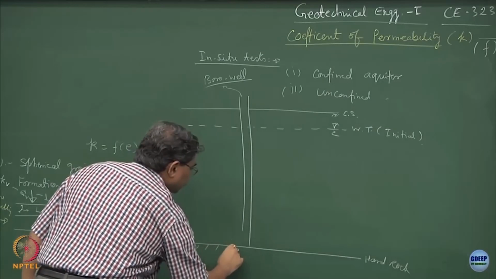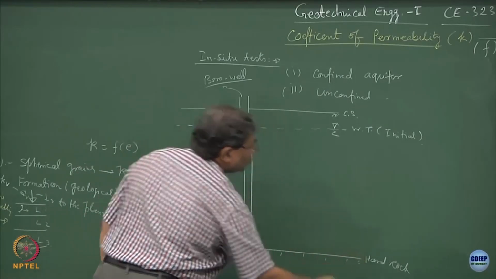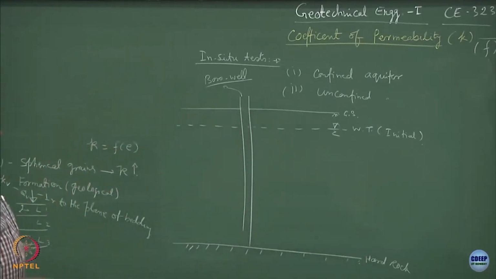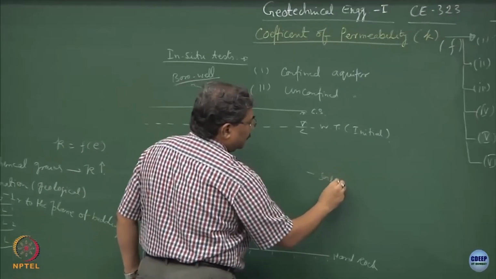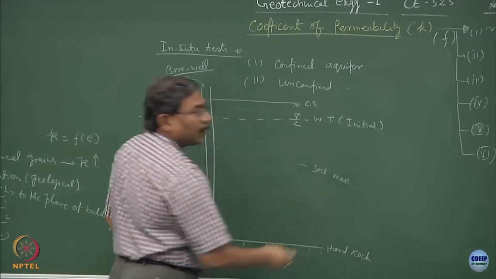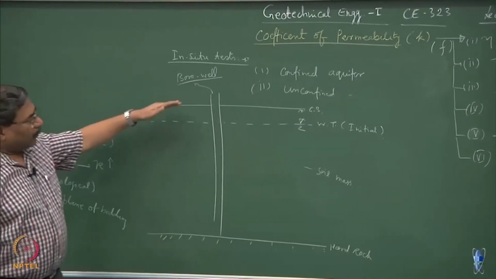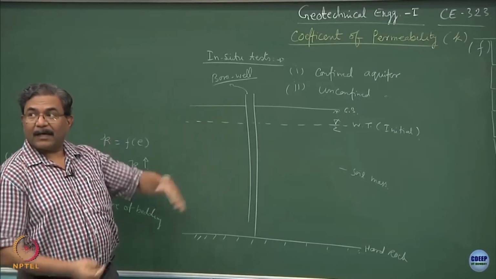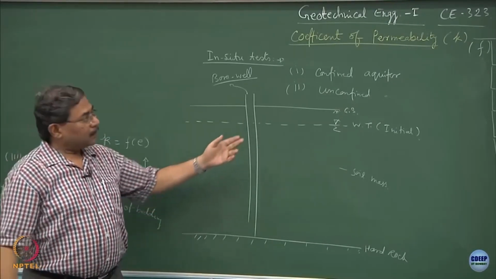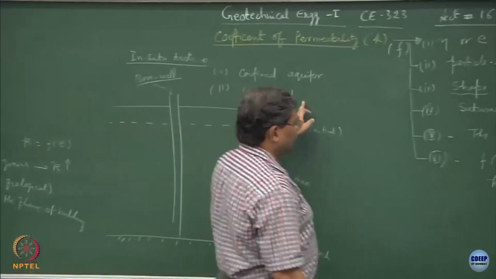And this is the soil mass. The system in which the boundaries are not clearly defined and they are open becomes an unconfined aquifer.